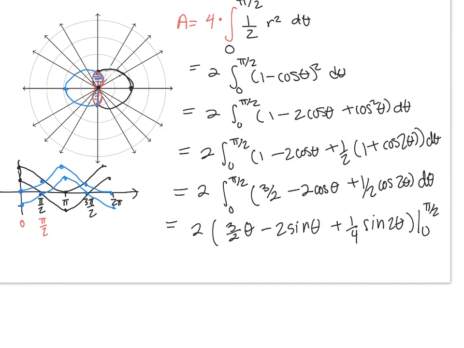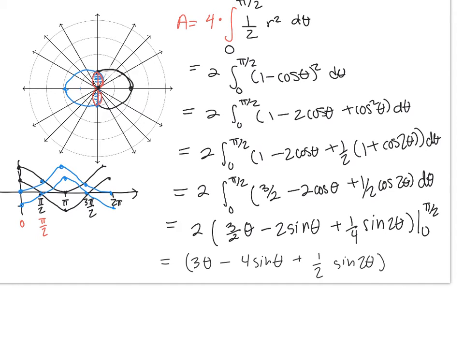Also before I do that, I'm going to distribute that 2. So I have 3 theta minus 4 sine of theta plus 1/2 sine of 2 theta from 0 to pi halves. Okay, so this will be 3 pi halves minus 4 times sine of pi halves.